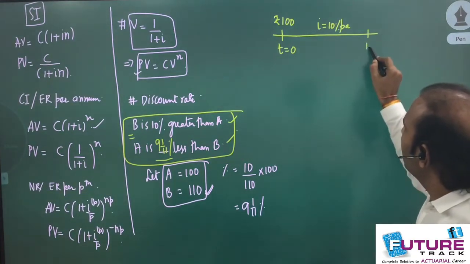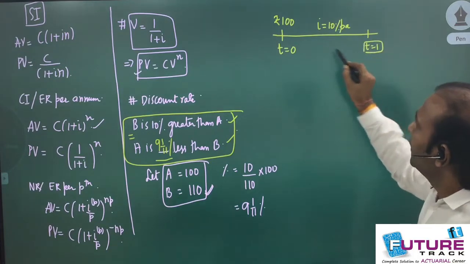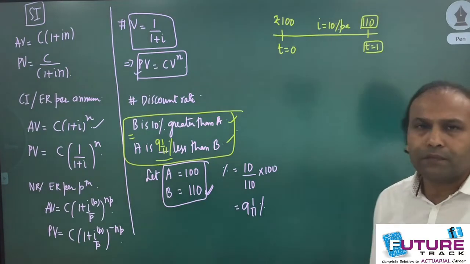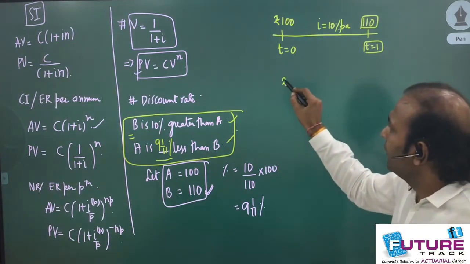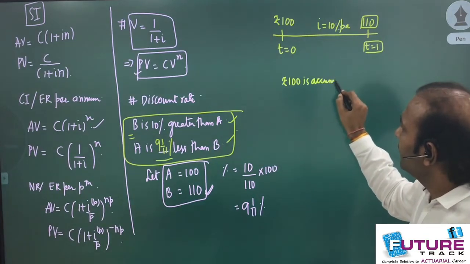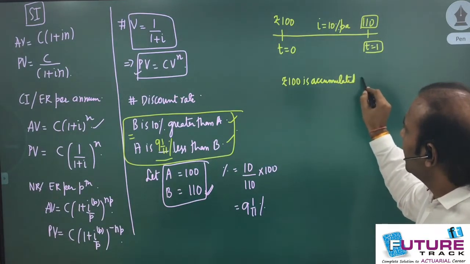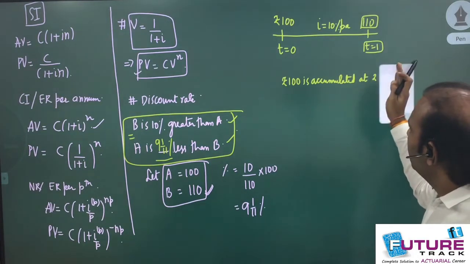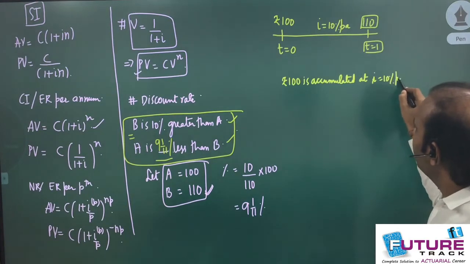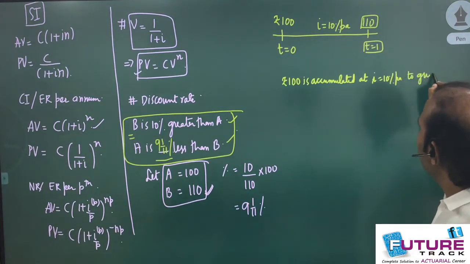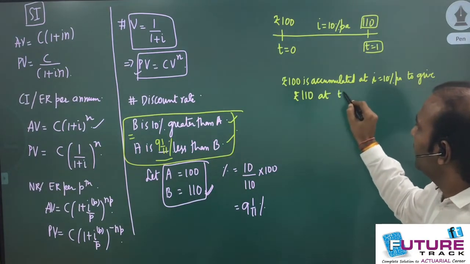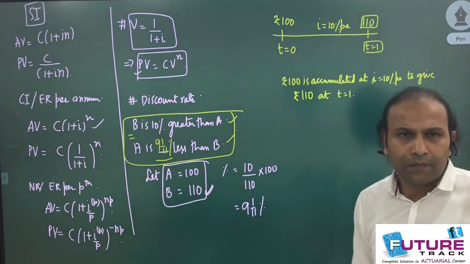I will return you 100 plus 10% interest, 110. So in short, you can say that 100 is accumulated at i equal to 10% per annum to give 110 at time 1. Fine.